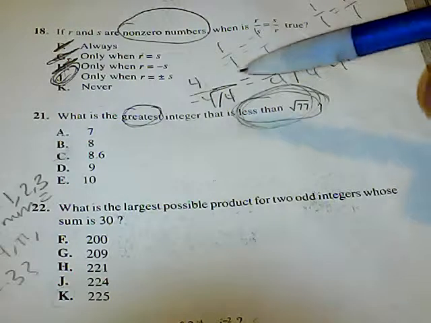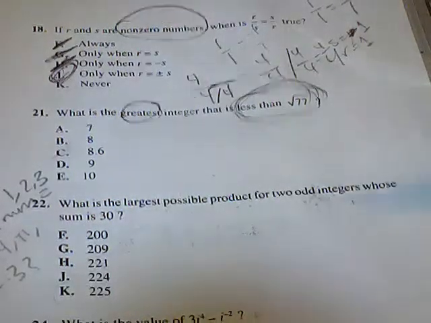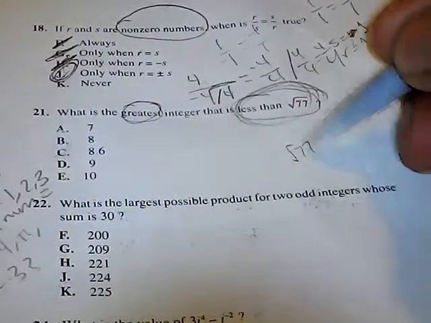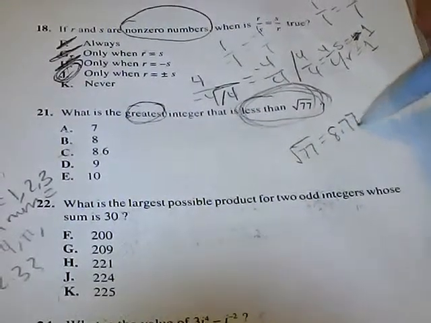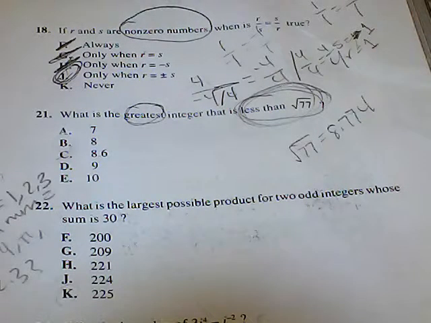Let me first calculate root 77. Root 77 is about 8.774. What is the greatest integer that is less than root 77?